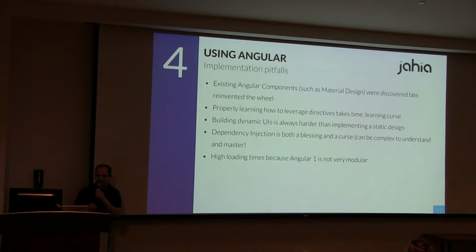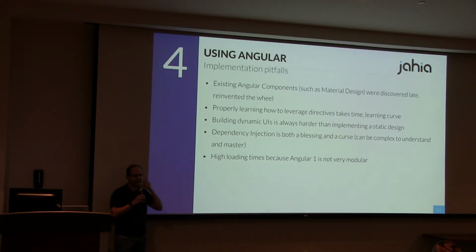As I said, learning to use directives has a learning curve. And we really had this problem of building dynamic UIs. A lot of the examples you see in documentation or even tutorials show you static designs and say, okay, this is how you build a static design. But suddenly you have more complex component structures, and then it can be a little more difficult.